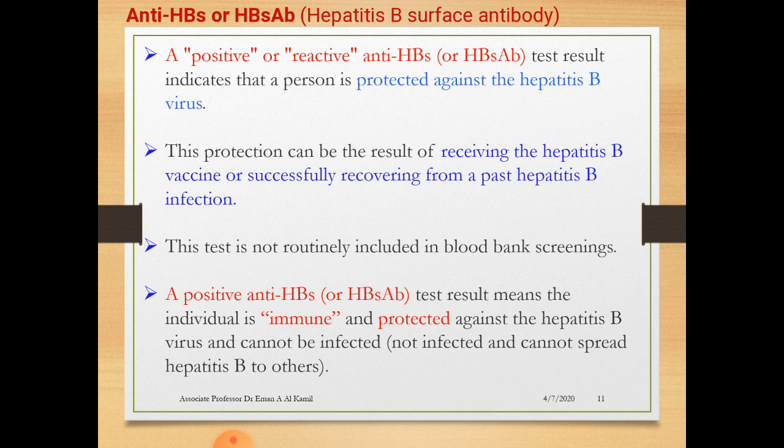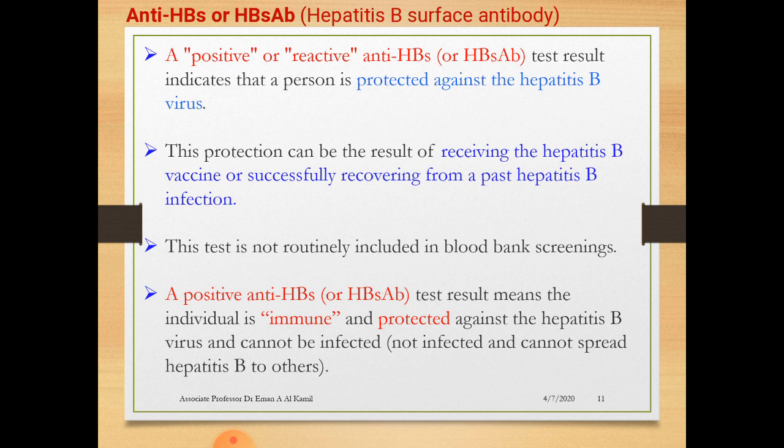That means you are protected against hepatitis B infection. Or in some cases, those who resolve or get a cure from acute infection, or recover from hepatitis B infection, will develop hepatitis B surface antibody. This test is not routinely included in blood bank screening.